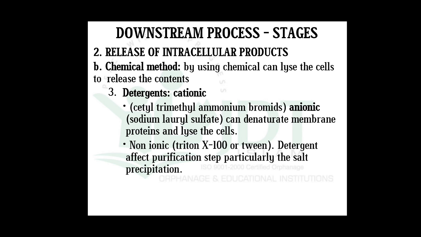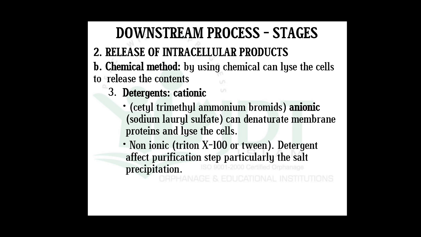We can use cationic detergents like cetyl trimethyl ammonium bromide, or cetrimide, or anionic surfactants or detergents like sodium lauryl sulfate, which can denature the membrane protein and lyse the cell. Non-ionic detergents like Triton X-100 or Tween can also be used to disrupt the cell. Using detergents will affect the purification step, particularly salt precipitation. So that is a disadvantage of detergents.